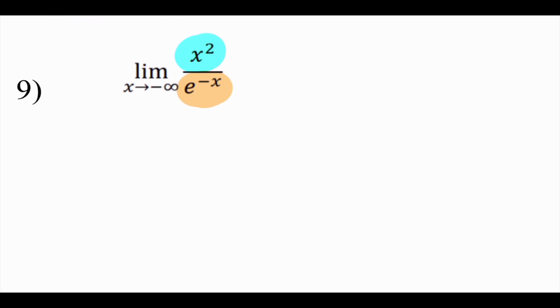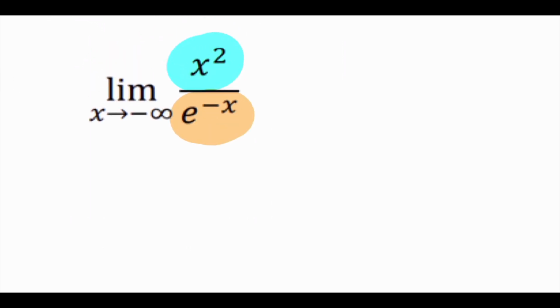On the number line, that way is positive, that way is negative. So I'm plugging in a really, really small number. Negative, the biggest number you can think of, right? So when I plug that in, it's going to be negative whatever that number is squared, right?